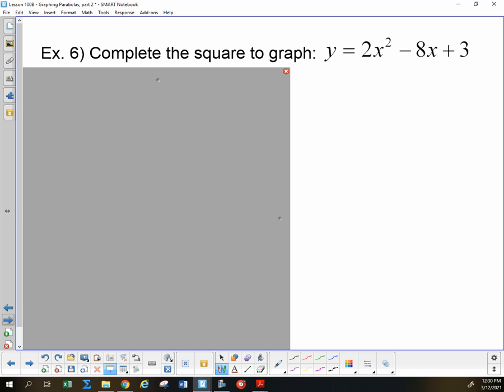And now we have something besides just a minus sign in front of that x squared. So, like we did before, we get everything without an x on the left. So y minus 3 equals, and then we're going to complete the square with the x parts. But we need our parentheses to always begin with 1x squared before we try to complete a square. So that means we need to factor out 2 this time.